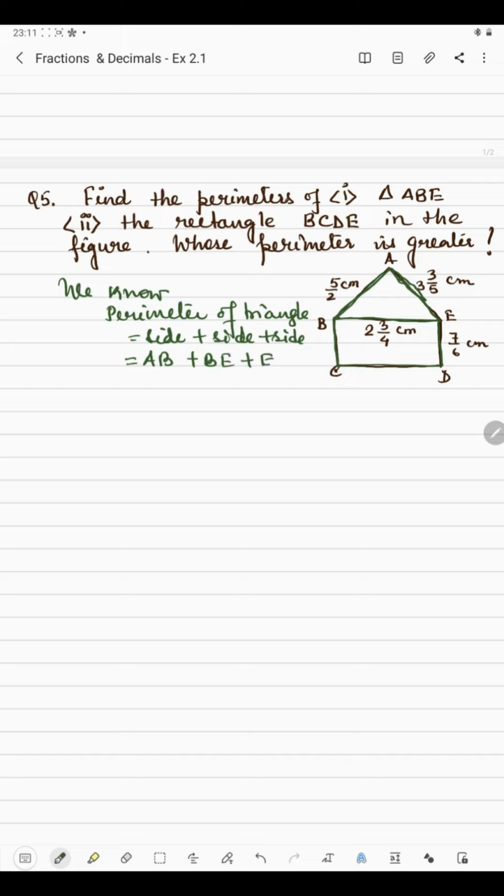So the length of AB is 5 by 2 centimeter, BE is 3 by 4 centimeter and EA is 3 by 5 centimeter. Now see, here two fractions are given in mixed form. So we will have to convert it into improper.